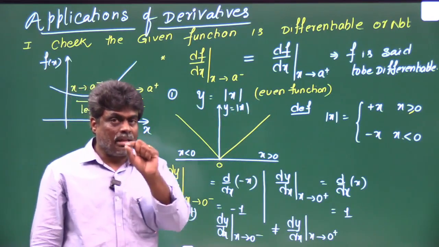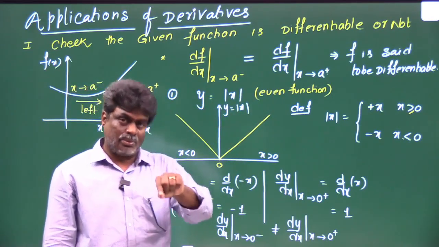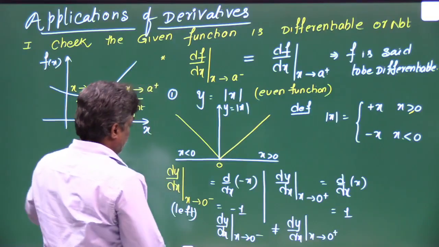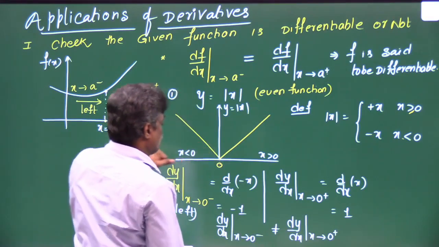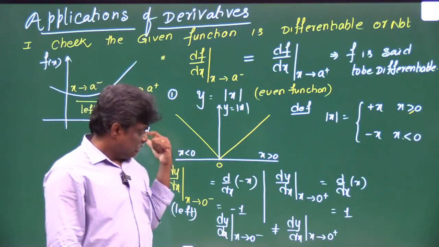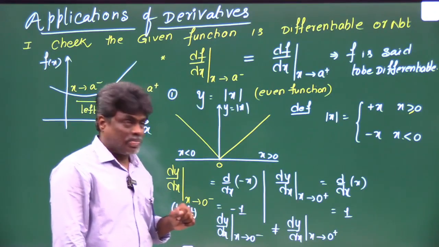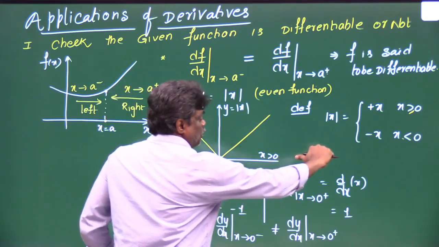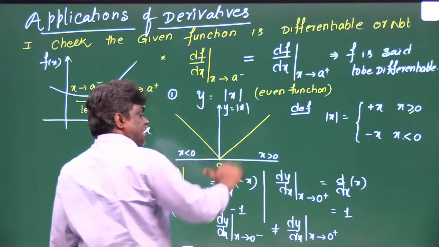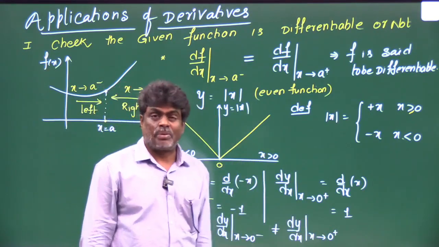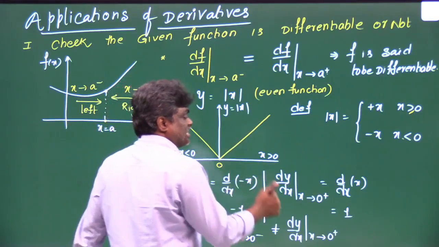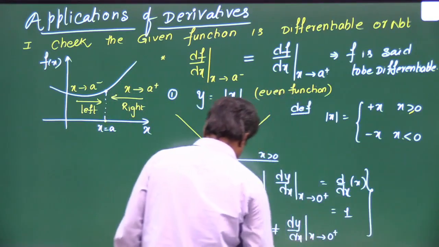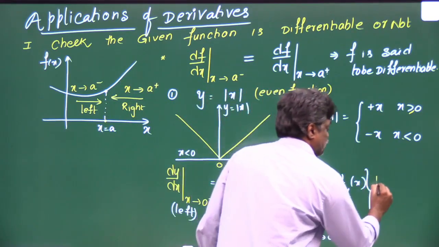So you are checking the differentiability at x equal to 0, but unfortunately whenever your function is approaching 0 from the left side, the derivative is minus 1, and whenever it is approaching x equal to 0 from the right side, the derivative is plus 1. So both are not the same. That's why this mod x is not differentiable at x equal to 0.